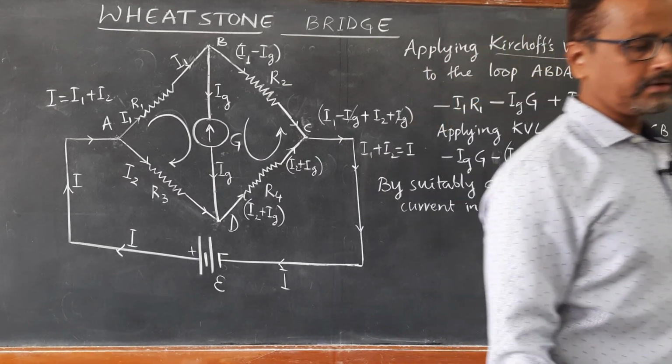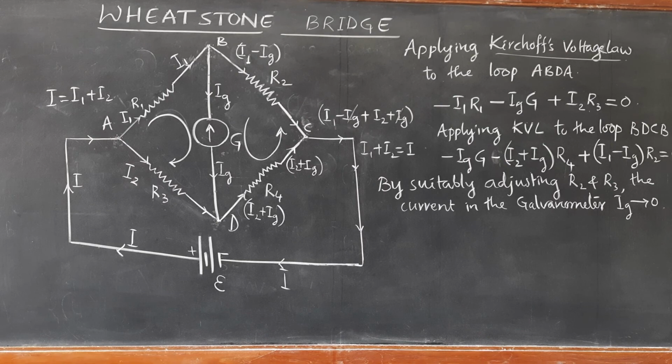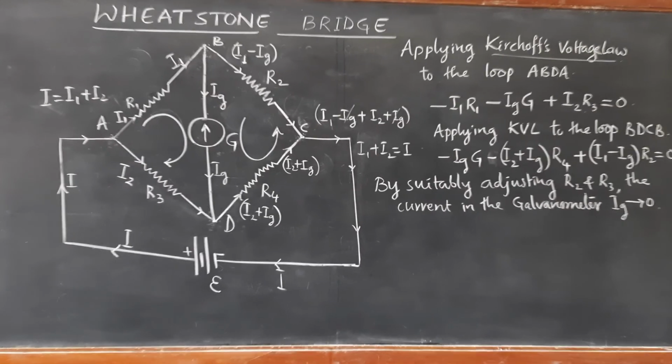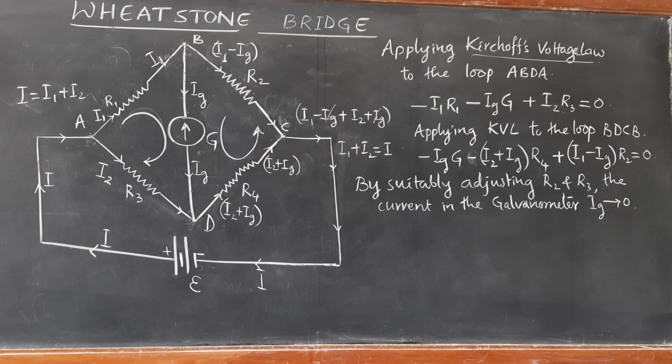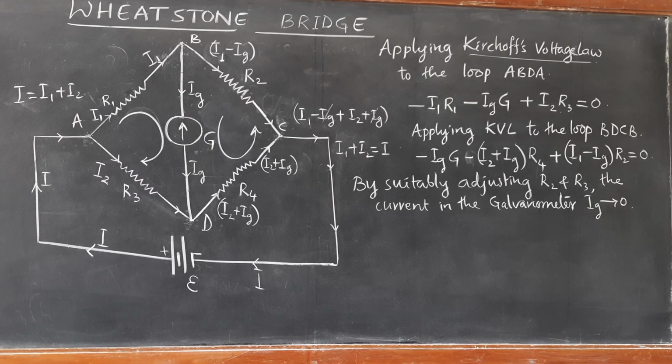When IG is made equal to 0, then what happens? The bridge is said to be balanced. IG is made equal to 0, the bridge is said to be balanced.